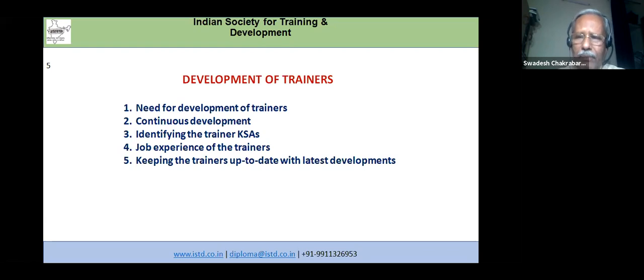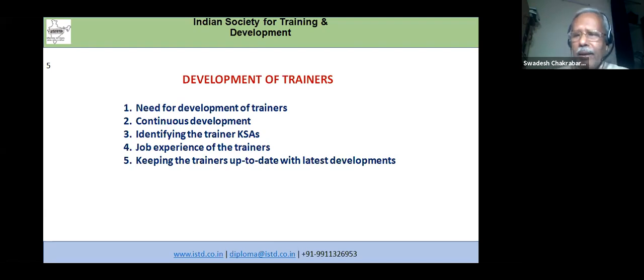And for the development of that, one very important thing to understand is that they have to identify the trainer's cases. As we understand, while we're developing the trainers, we need to find out what the knowledge level requirement of the trainer is, what the skills level requirement of the trainers is, what the attitude of the trainers is, depending upon the subject matter, the areas, the target group, and level of training and everything.